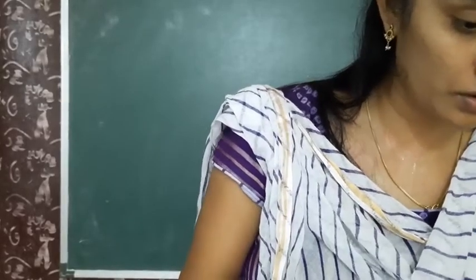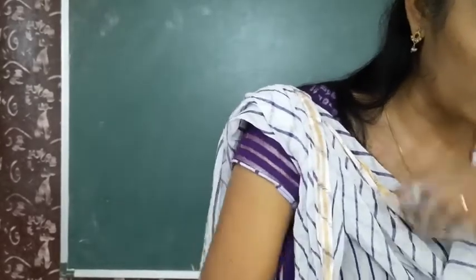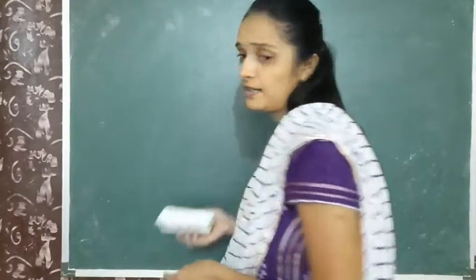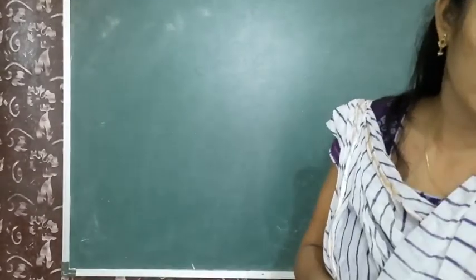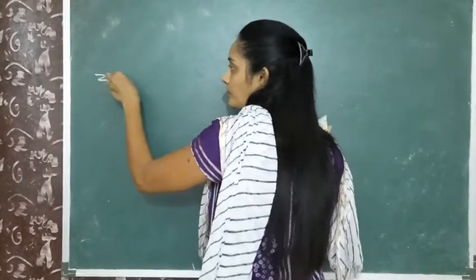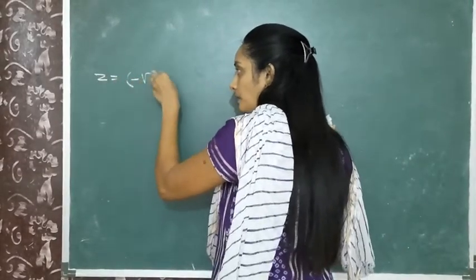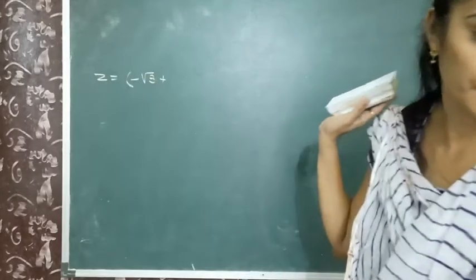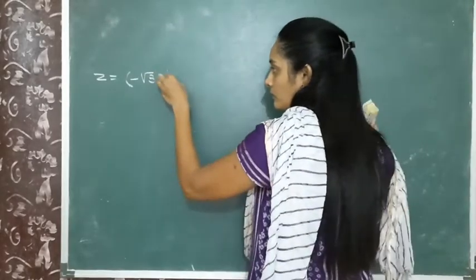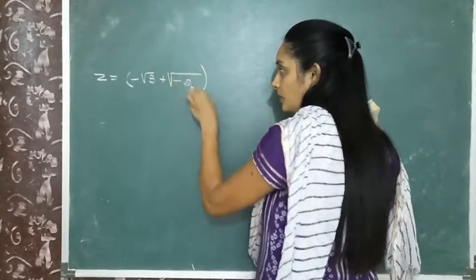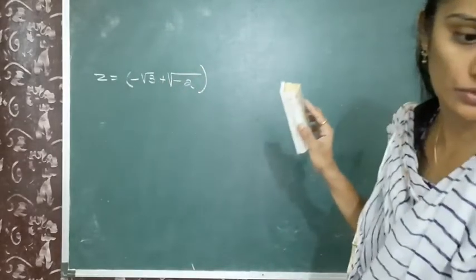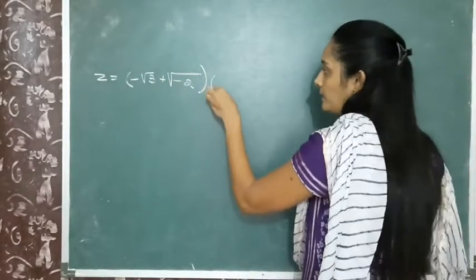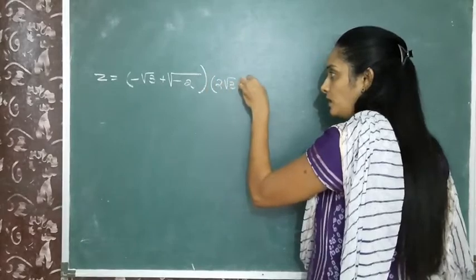Just a minute, I can find one example in your textbook. Okay, this example is different. The number is (minus root 3 plus root of minus 2) and in the second bracket (2 root 3 minus i).